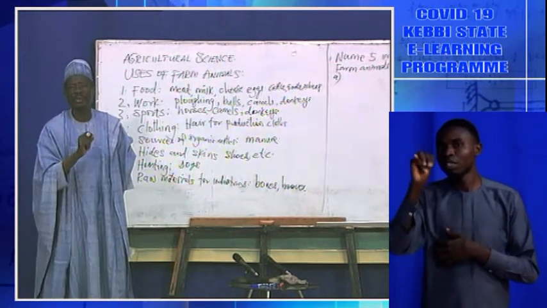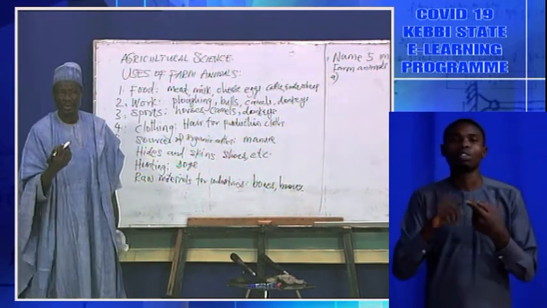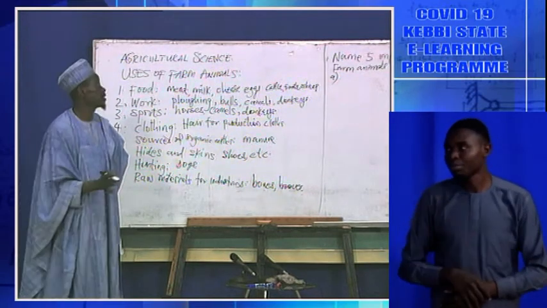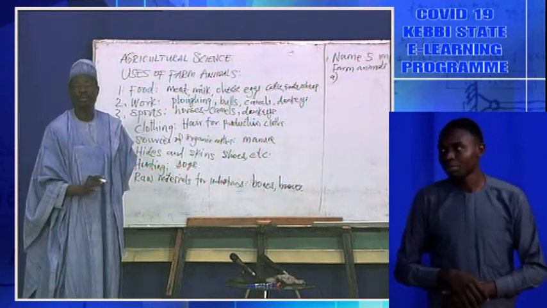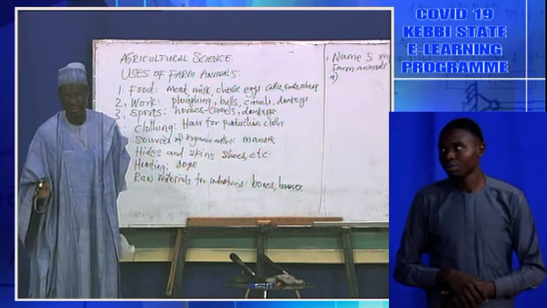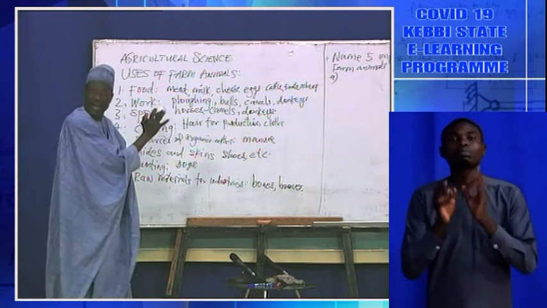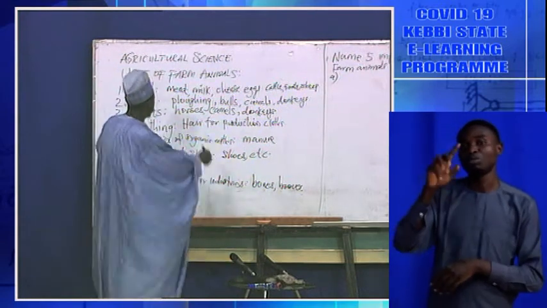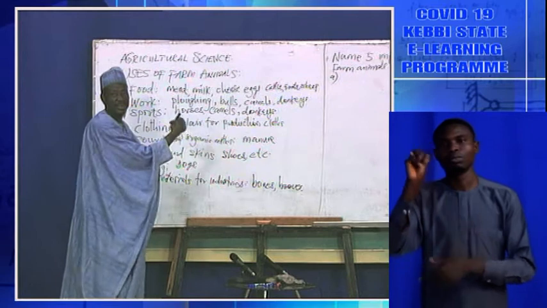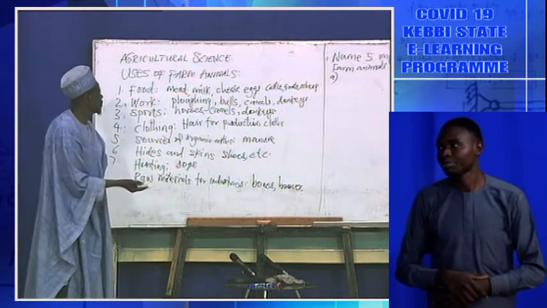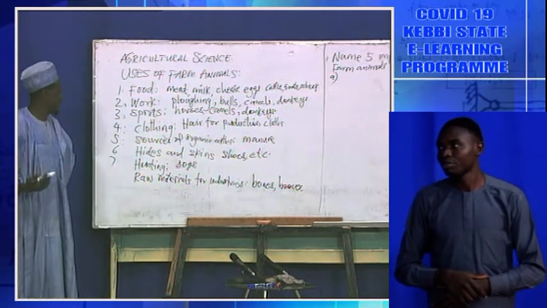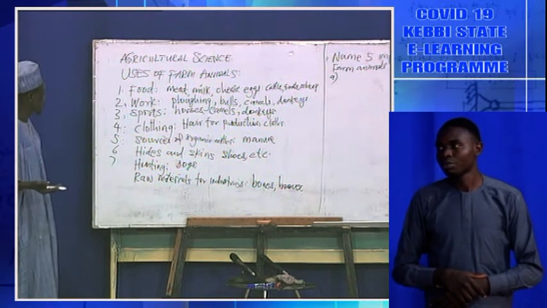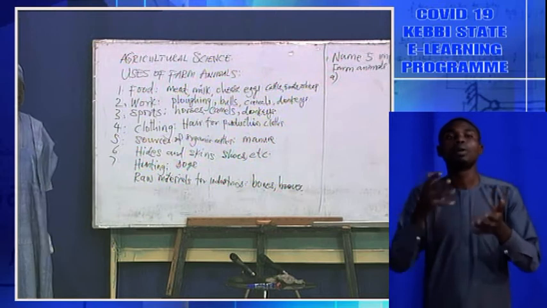In questions, in examinations, you may not get the uses. You may get importance. You may see gain. You may see advantages. So all they are the same. So what are they? These are the ones we have seen: meat, production of milk, cheese and eggs, plowing, such as bulls and camels, they can plow.